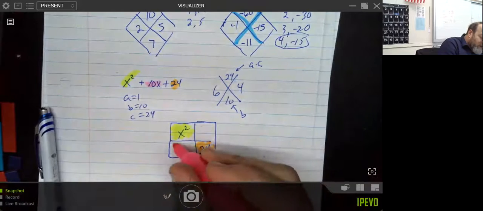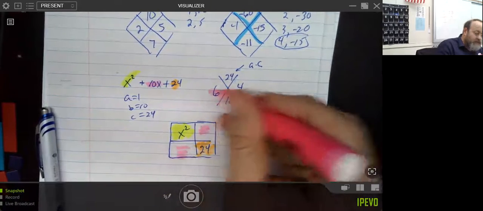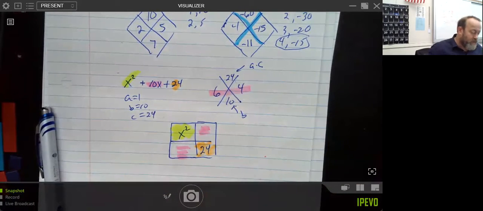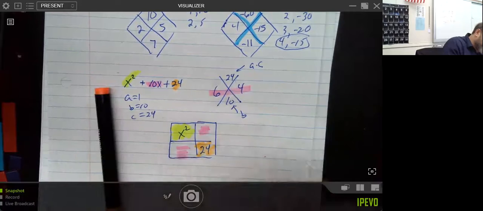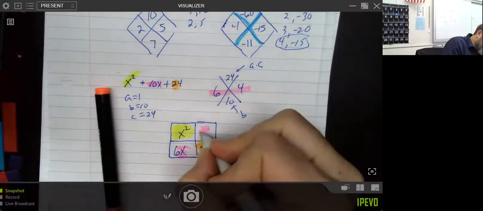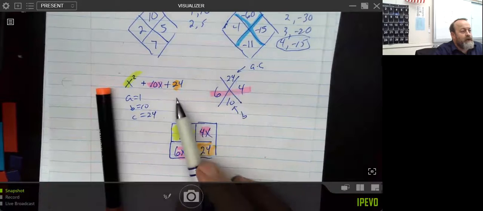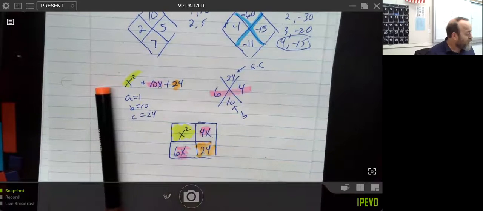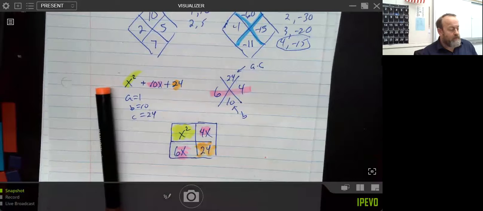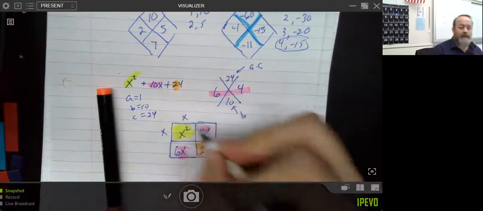Well, what we're going to do with this 10x is we're going to use these 2 numbers right here. We're going to use 6x and we're going to use 4x. So this diamond tells me how to break that thing up. And so again, these problems can get harder, but as I mentioned earlier on, the way you got x squared is if this is an x and that is an x.